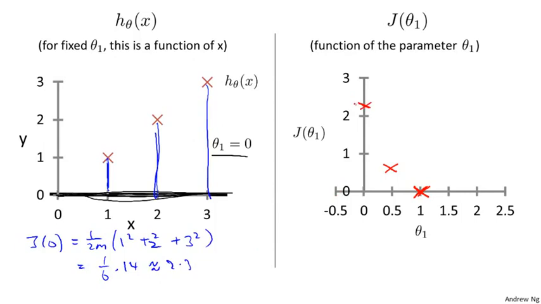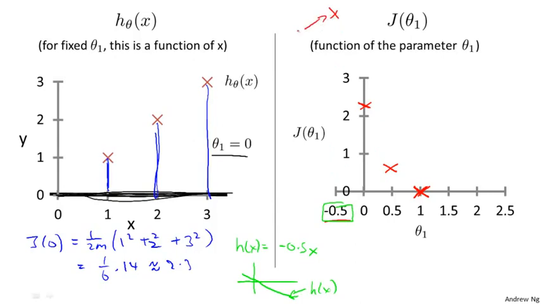And of course, we can keep on doing this for other values of theta 1. It turns out that you can have negative values of theta 1 as well. So if theta 1 is minus 0.5, then h of x would be equal to minus 0.5 times x. And so that corresponds to a hypothesis with a slope of negative 0.5. And you can actually keep on computing these errors. For minus 0.5, it turns out to have a really high error.